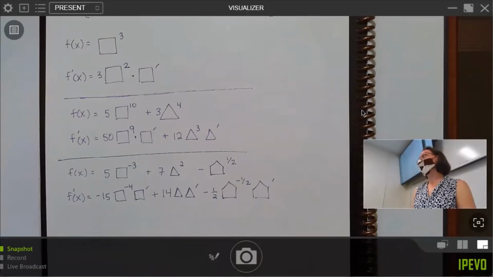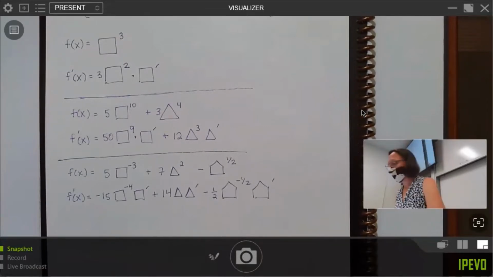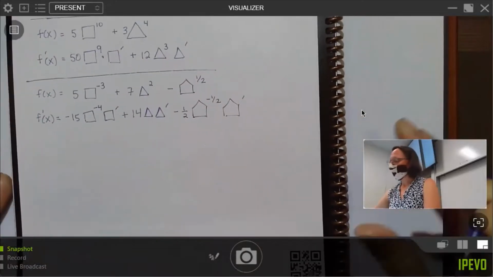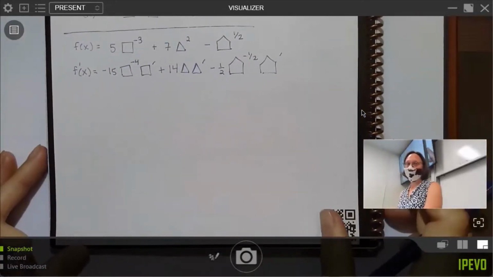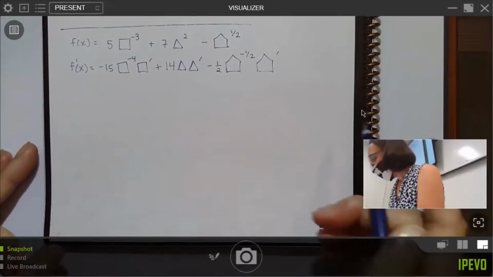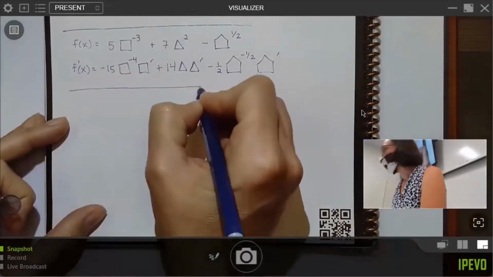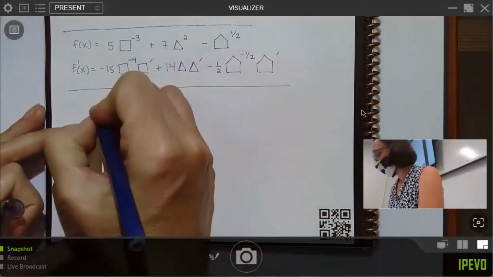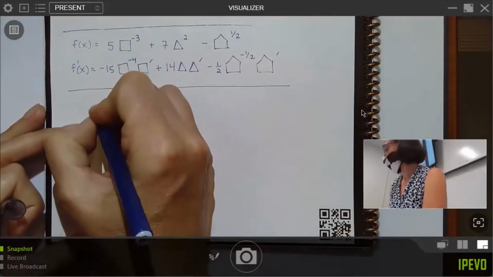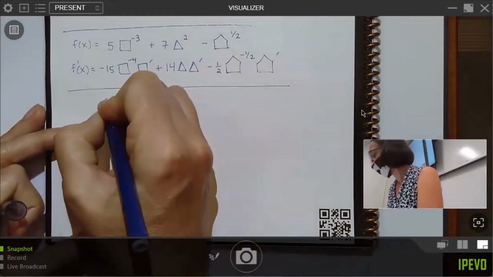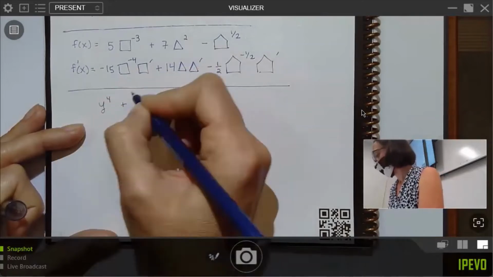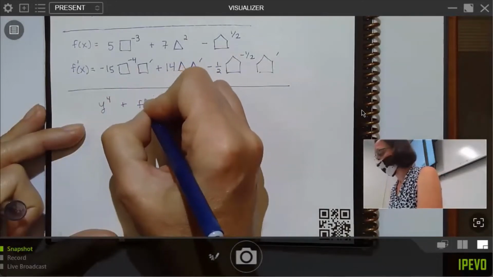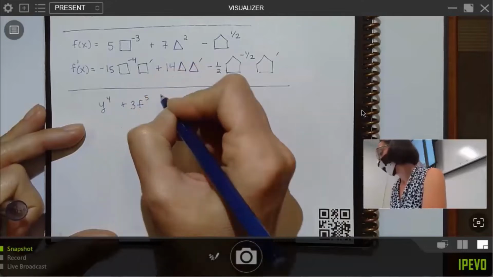But let's make it look like some of the problems in the actual book, because usually we don't have little cute shapes. Let's do something that looks a little bit more like calculus. Suppose what I really had was ugly function, I'll call it y to the 4th, plus other ugly function, we'll call it f, let's make it 3f to the 5th.